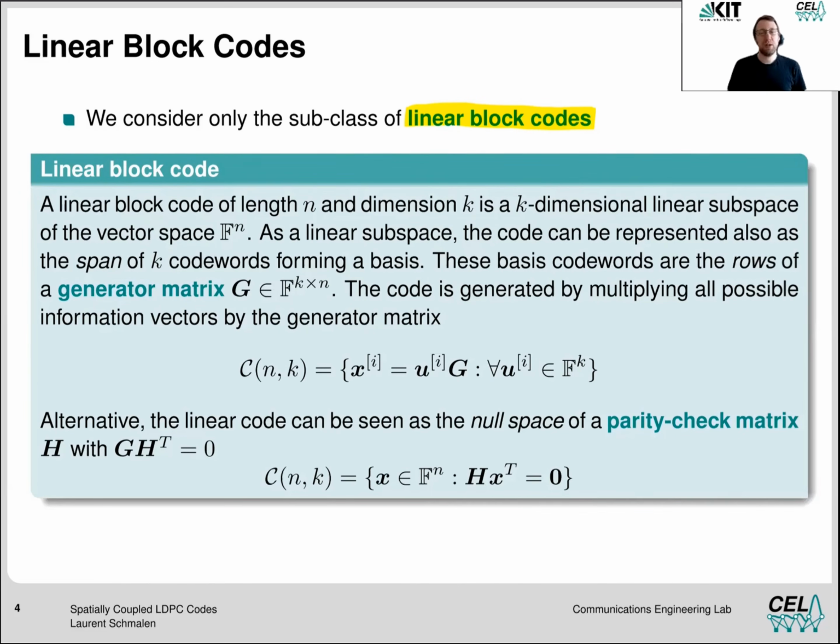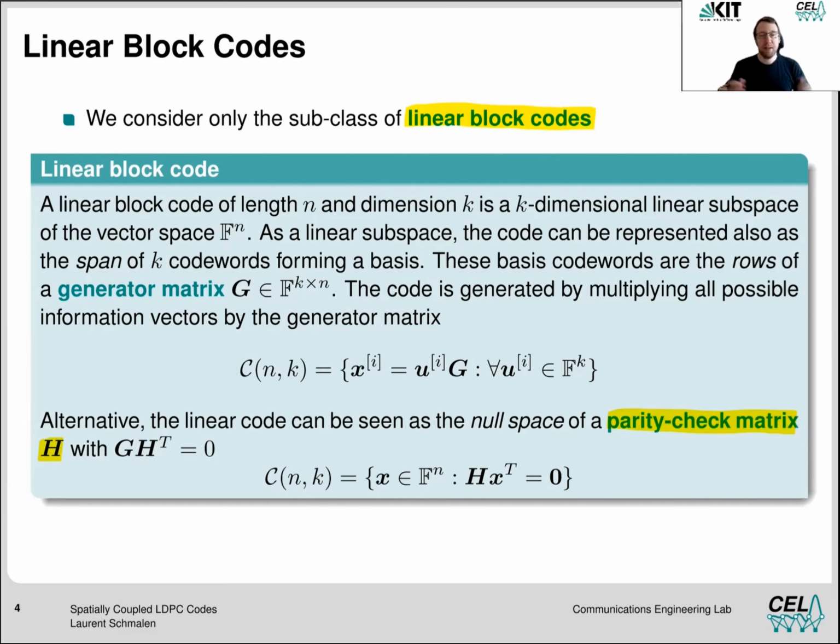So the code essentially is generated using this generator matrix. The generator matrix is multiplied with all possible input patterns of length k, and this will give the code words xi. Alternatively, we can see the code also as being the null space of a matrix orthogonal to the generator matrix, which is the so-called parity check matrix, called H. G times H transpose is equal to 0.